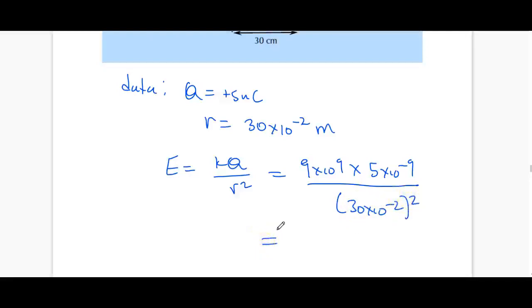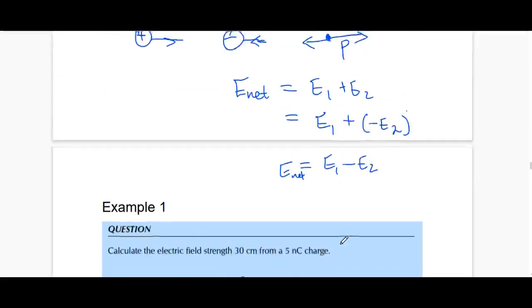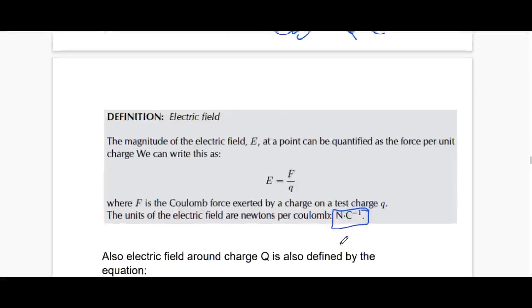That is the basic calculation of how to calculate electric field. So 9 times 10 to the power 9 multiplied by 5 times 10 to the power minus 9, divided by 30 times 10 to the power minus 2 all squared, gives 500 newtons per coulomb. Remember that the unit for electric field is newtons per coulomb.